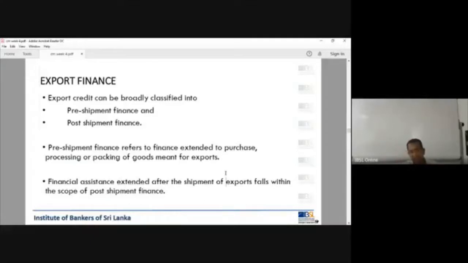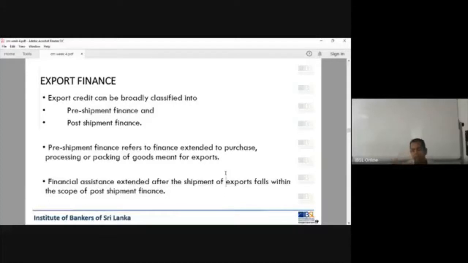Mr. Pereira will get a purchase order. Now Mr. Pereira needs money. For that, banks will give facilities called pre-shipment facilities, commonly known as PCL, packing credit lines. Right? You need to have a confirmed purchase order.